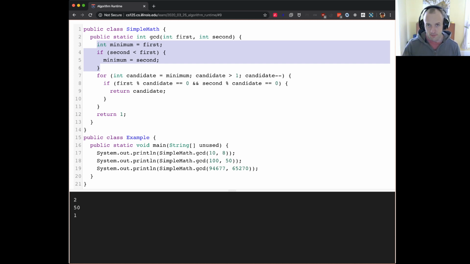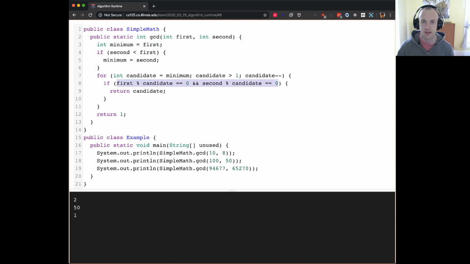Then, see if that's the GCD, and the way we did that was by testing it, right? We tested it to see if the remainder, when I divided the first number by that number, and when I divided the second number by the number, was 0. If that's true, then I found the GCD. Otherwise, try the next smaller number. And I continue that until I get to 1, because I know that 1, if all else fails, will divide both of the numbers.